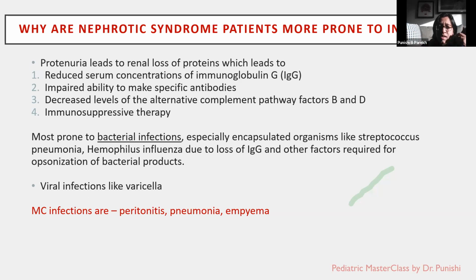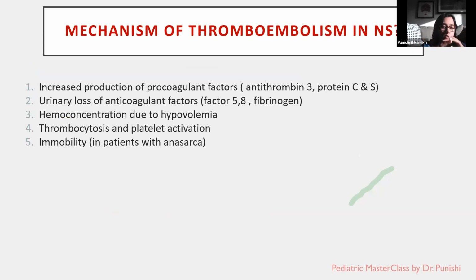The next thing, what are the mechanisms of thromboembolism? So I said that they are at a risk of thrombosis. Now, why is it so? Usually there's a balance in the body in a normal scenario between the production of procoagulant and anticoagulant factors. But what happens here is that that balance is lost. So there's increased production of procoagulant factors, and at the same time, there's urinary loss of anticoagulant proteins like antithrombin 3 and protein C and S. So as a result of this, there is an increase in the concentration of the procoagulants in the body.